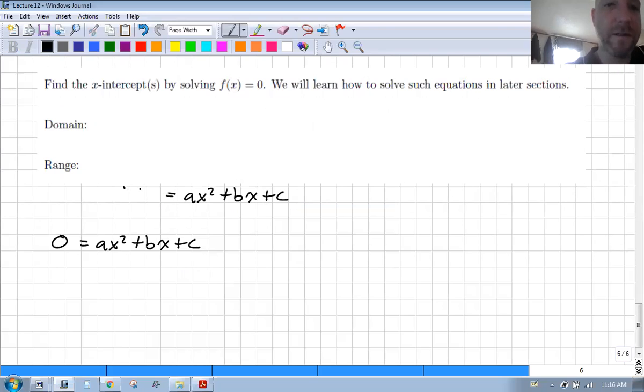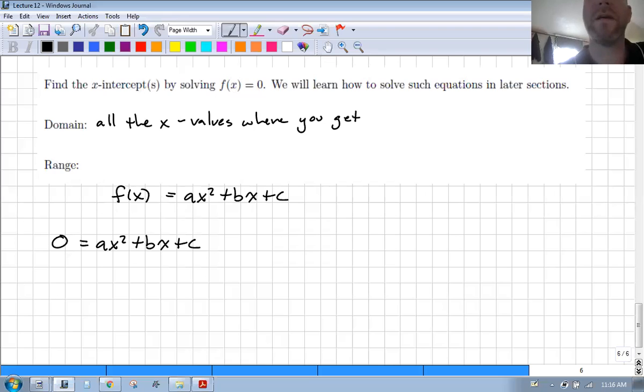Go back to this. All right, the domain is all the x values where you get a number back. I should say a real number.